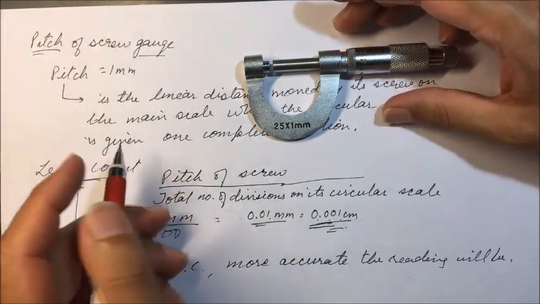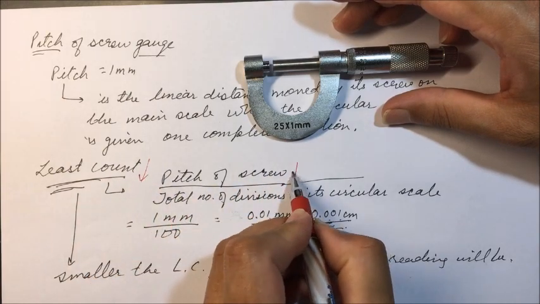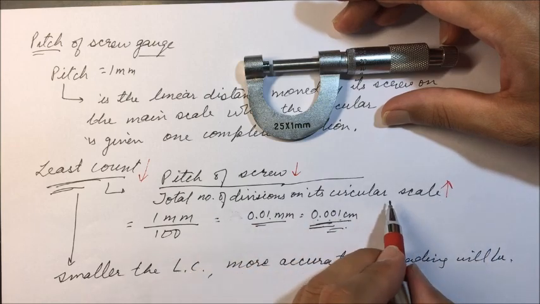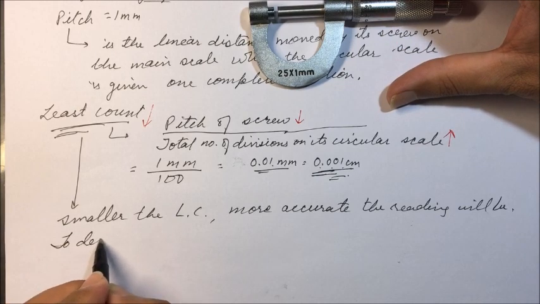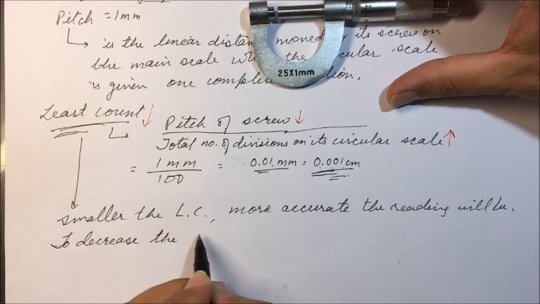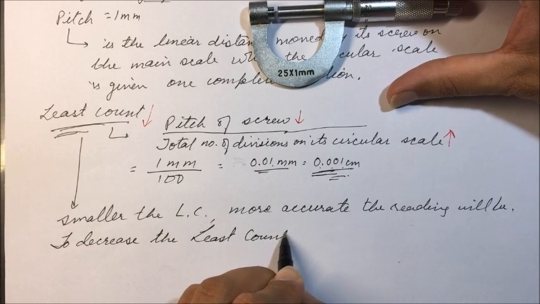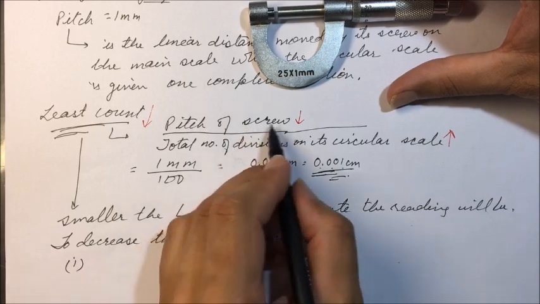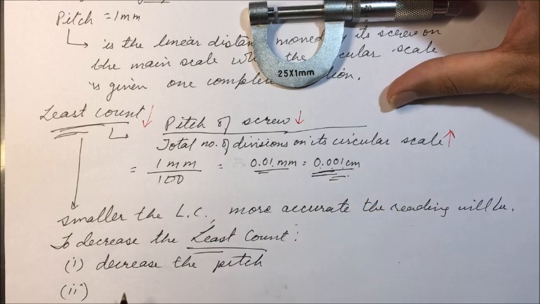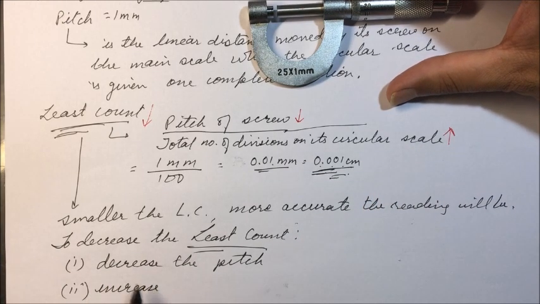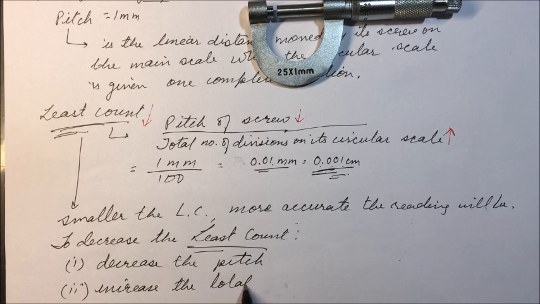To decrease the least count, either we can decrease the pitch of the screw or we can increase the total number of divisions on its circular scale.